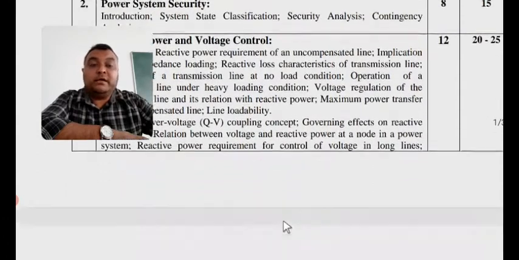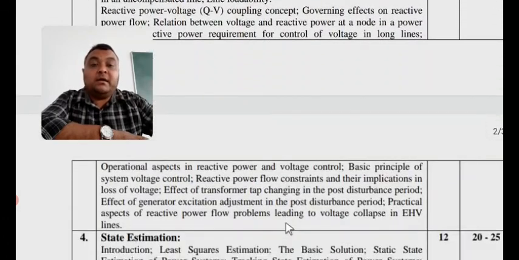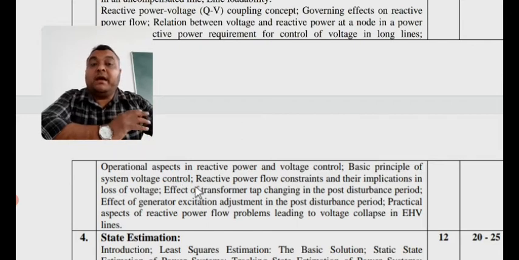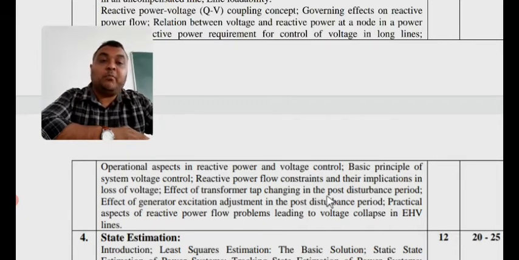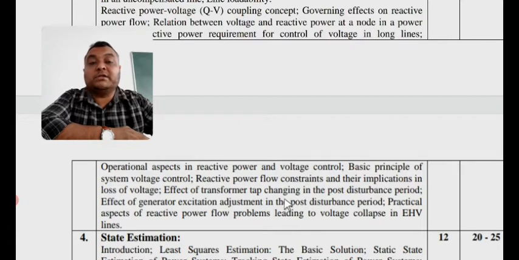After that, operational aspects in reactive power and voltage control: the basic principle of system voltage control, reactive power flow constraints and their implications in loss of voltage, the effect of transformer tap changing in the post disturbance period, the effect of generator excitation adjustment in the post disturbance period, and practical aspects of reactive power flow problems leading to voltage collapse in EHV lines.